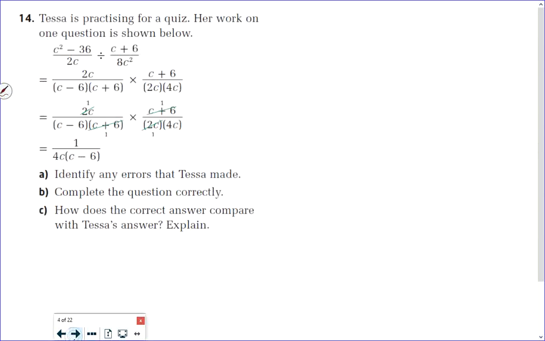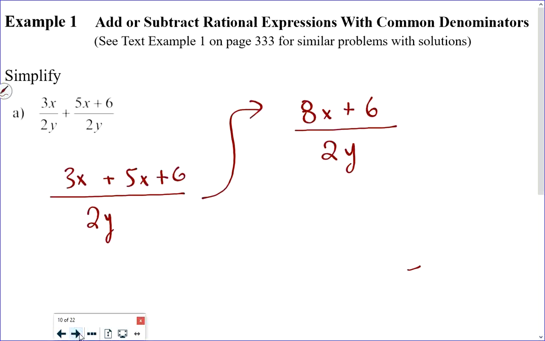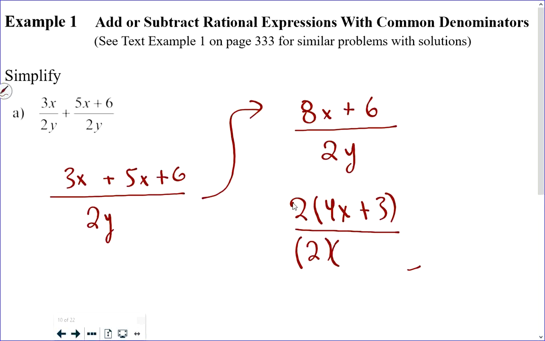So we have to factor and cancel. And there's a common factor of 2 in the numerator. There is also a factor of 2 in the denominator.